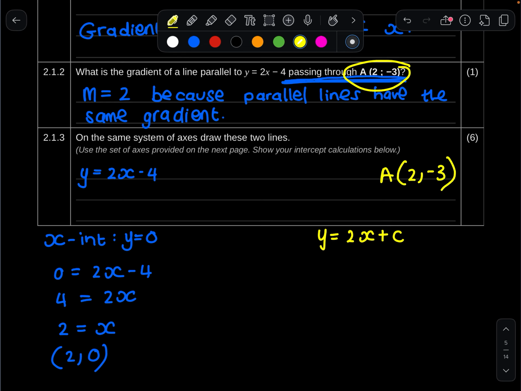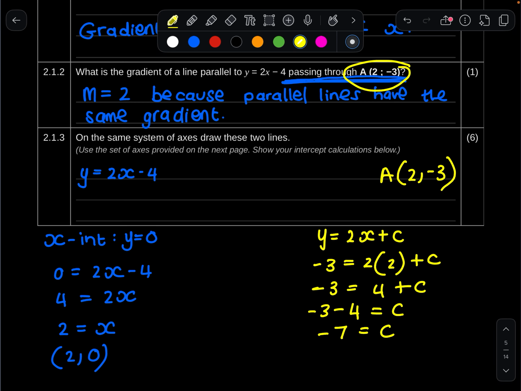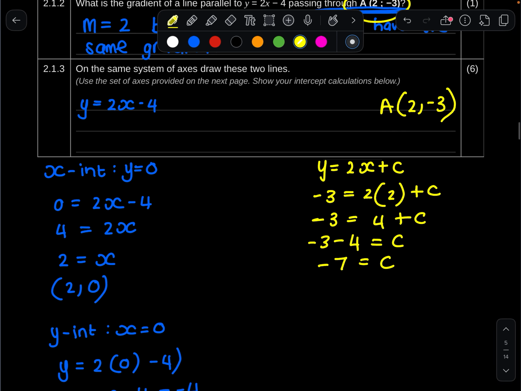So let's sub that in. So y is minus 3 is equal to 2 times 2, because that's the x value, plus c. We got minus 3 is equal to 4 plus c. Take the 4 across, it's going to be minus 3 minus 4 is equal to c. That is going to be minus 7 is equal to c. So this line is y is equal to 2x minus 7.